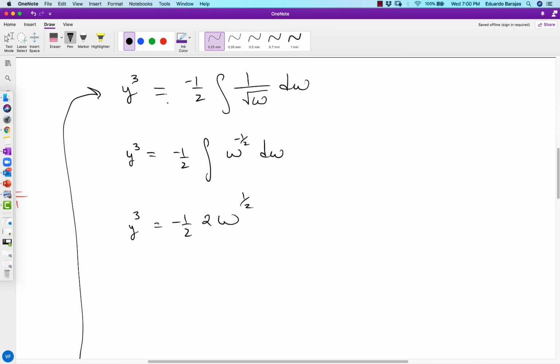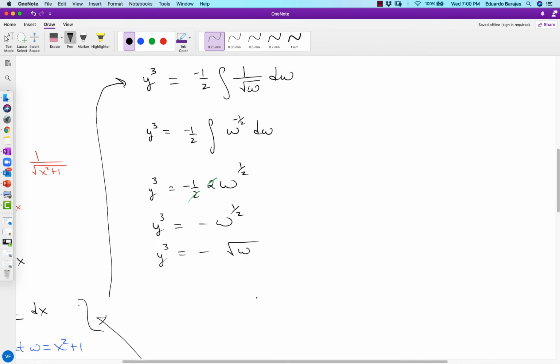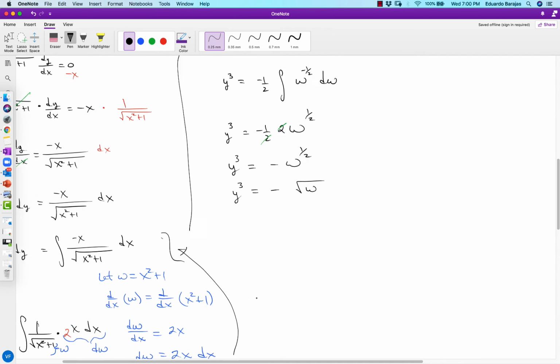Okay, so now these guys cancel. And so I end up with y to the third power equals negative w to the 1/2 power, or this equals negative square root of w. Now, the w, of course, was this variable we used to substitute.